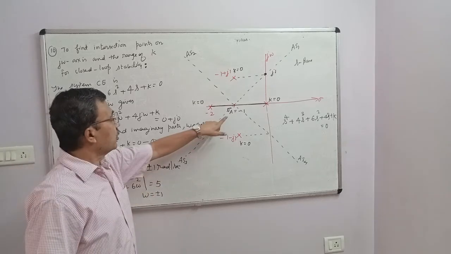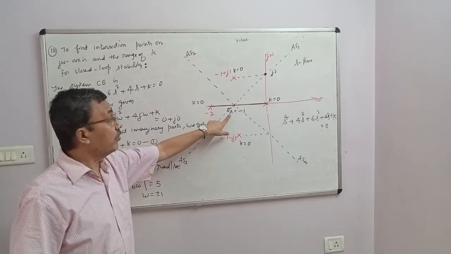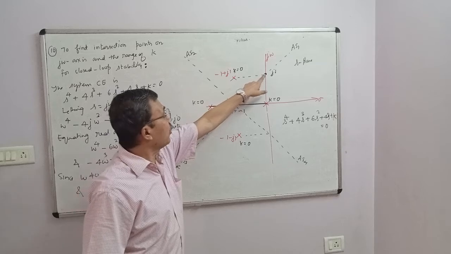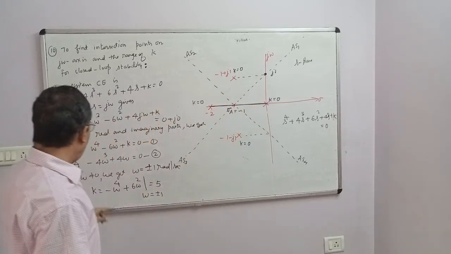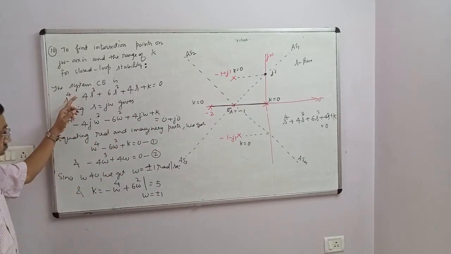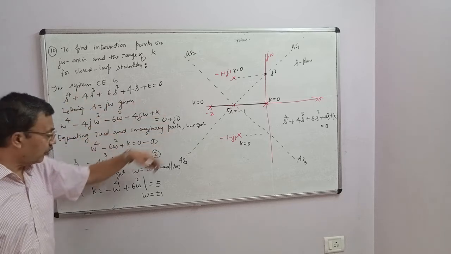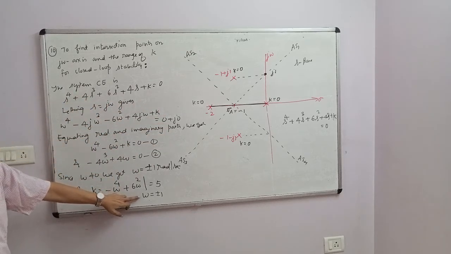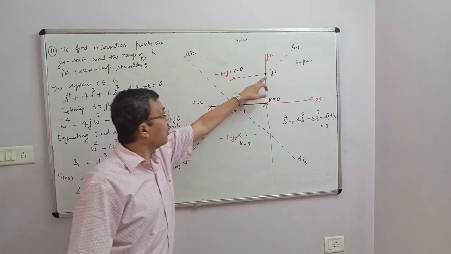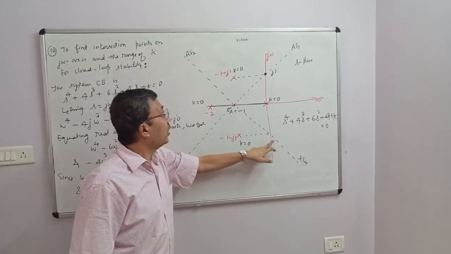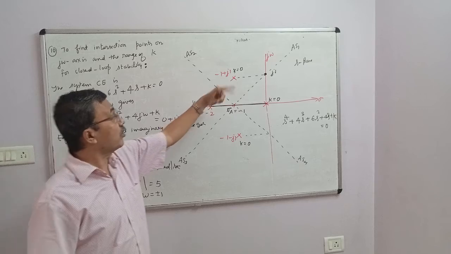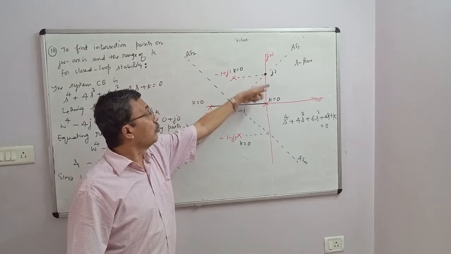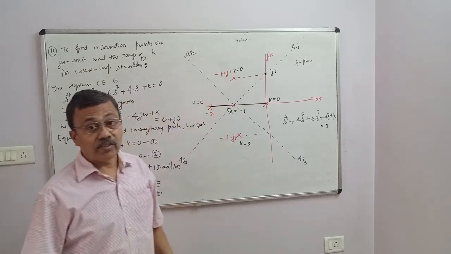Please note, the centroid and breakaway points are the same. The point where the asymptotes cross and the point where the branches of the root locus cross are identical. The branches of the root locus cross the j omega axis at plus j1 and minus j1, and they happen to be the intersection points of the asymptotes on the imaginary axis.